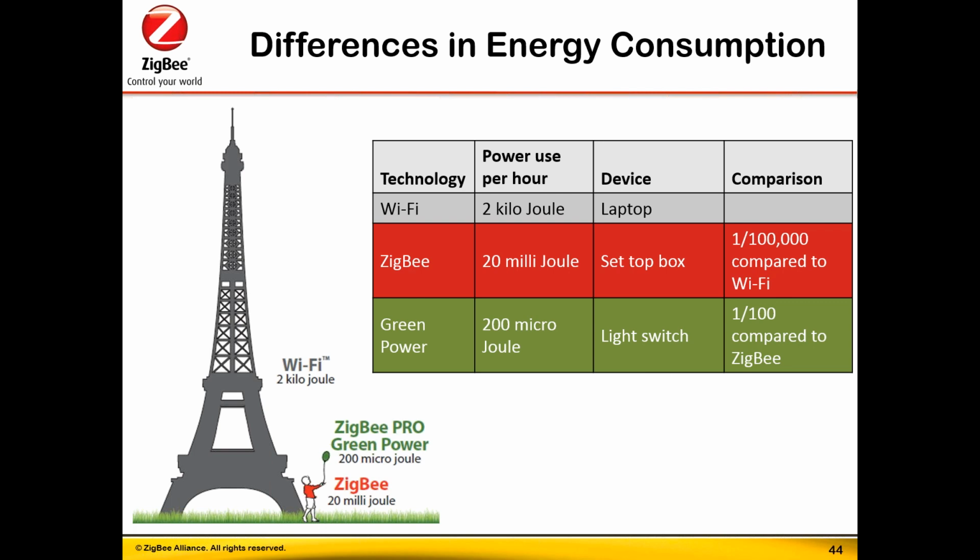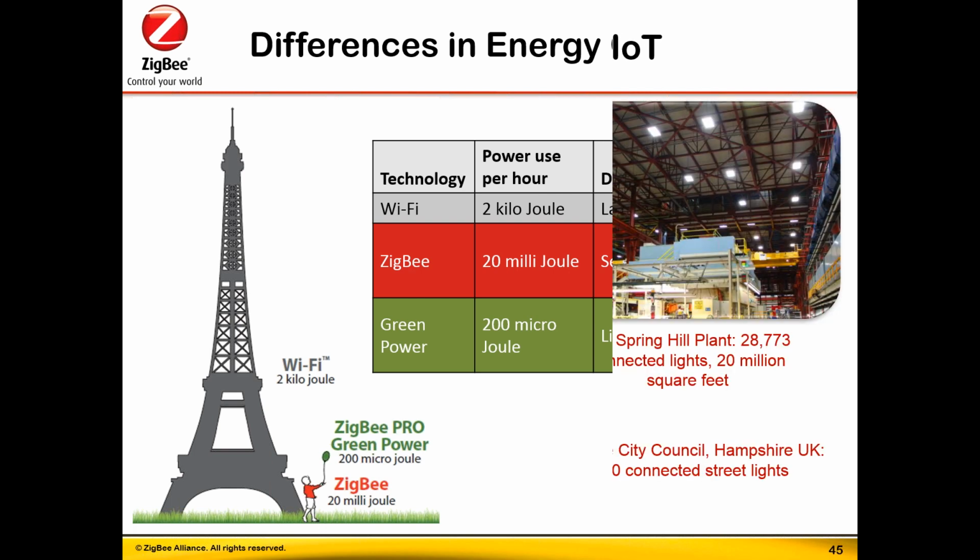Another part of the ZigBee difference is low power. ZigBee has been built from day one to be low power, and one of the biggest new features of ZigBee in the last few years is called green power, and it enables a device to not have an internal battery or not be externally powered.